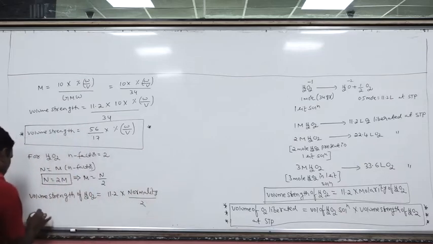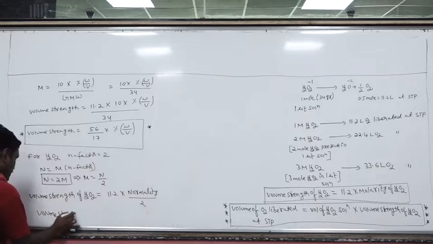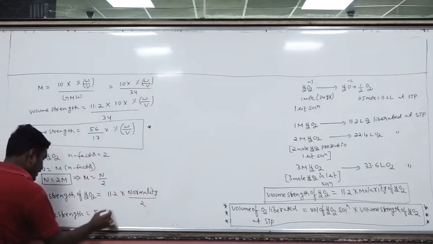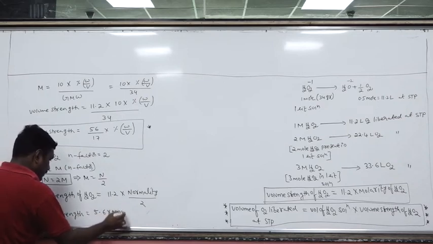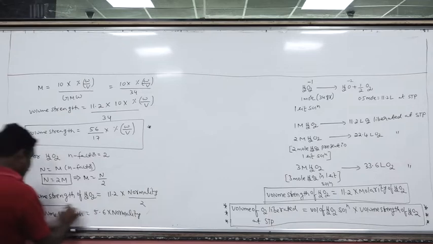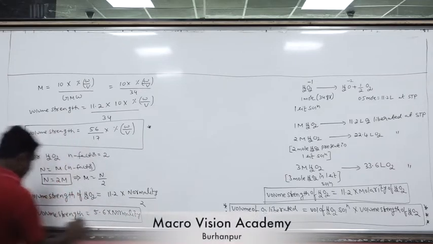So volume strength of H2O2 is equal to 5.6 into normality. So this is the volume strength and normality relation.